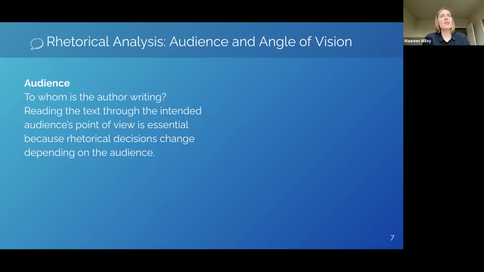Whereas if something is being written for a scientific journal, then it might be able to be more specific and more technical, use more technical information because it's expected that the people who are reading that scientific journal would be able to understand research methodologies that someone who just likes to read articles in the newspaper might not be familiar with. And then think also about is the audience a specific group of people, and how is the various evidence or the language presented in such a way as to be most persuasive to that audience.